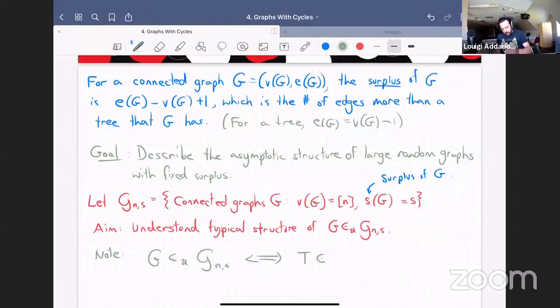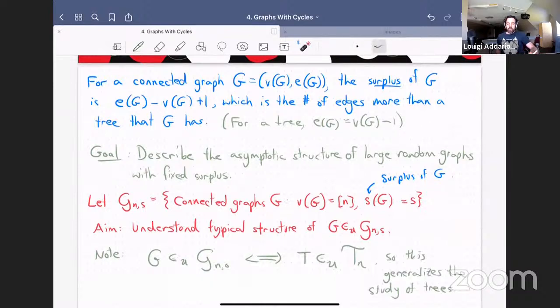So that's the same as sampling a random tree from the class T_n. So this generalizes what we did for trees. Any questions about that?